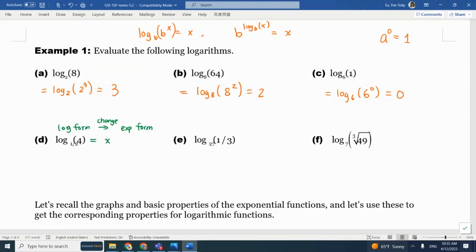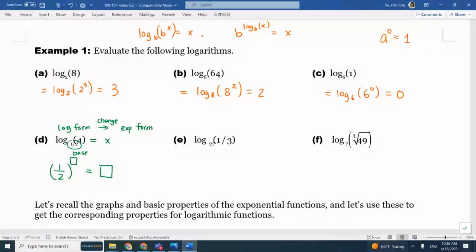Tell me what's the base. 1/2. So you change to the exponential form, and your base is 1/2, right? And then you have your output and your input. Look at the log form. Is 4 the input or output? In the log, it was the input, right? And then in the exponential form, do you put it as the input or output?